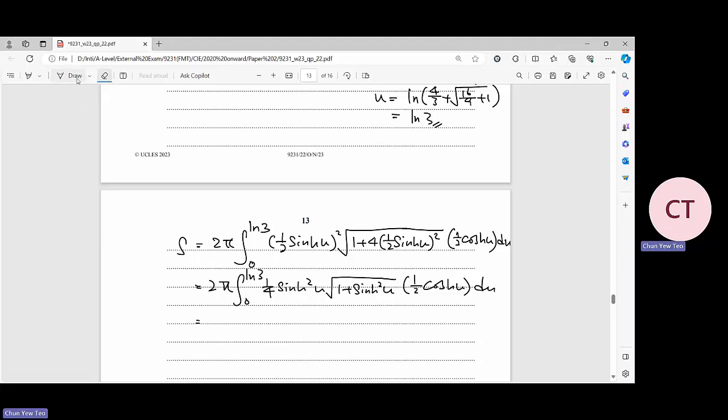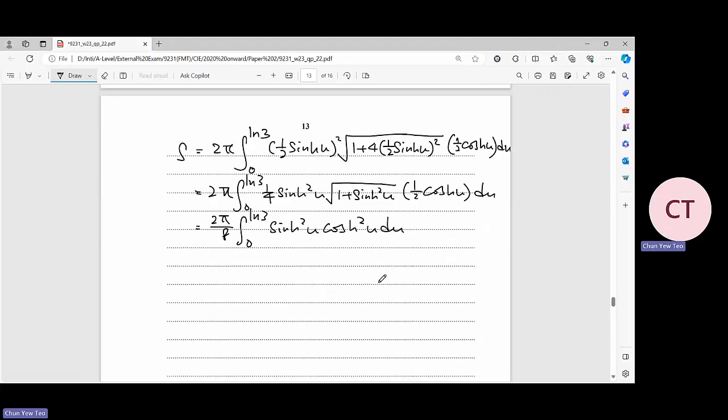So it will be 2π/8 ∫ from 0 to ln 3 of sinh² u cosh² u du. You need to understand that we have a formula: sinh 2u is equal to 2 sinh u cosh u.